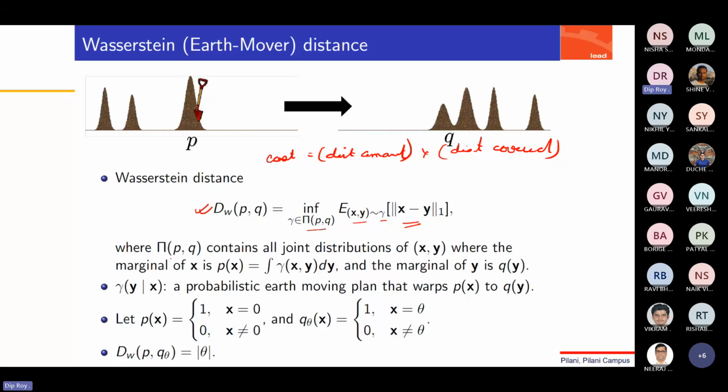where the marginal of X is P of X, equal to the integral of gamma xy dy. It means it is a constraint. It means that the probability mass you are transporting from P to Q can never be greater than P, because you cannot transport more mass than you have.